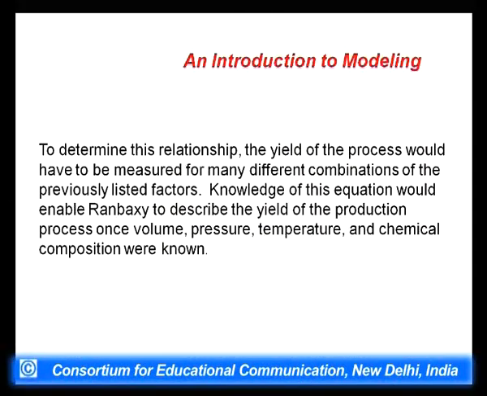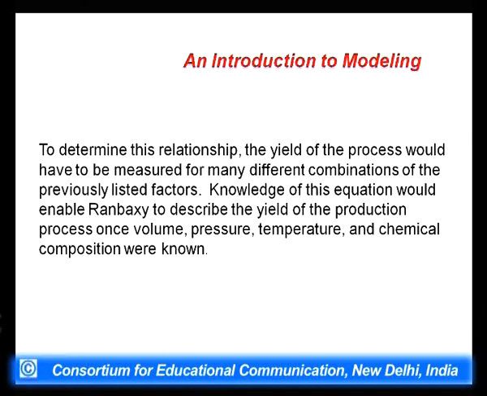To determine the relationship, the yield of the process would have to be measured for many different combinations. We should have different combinations to know which combination gives us the maximum yield. So, knowledge of this equation would enable the company to describe the yield of the production process once volume, pressure, temperature and chemical composition were known.